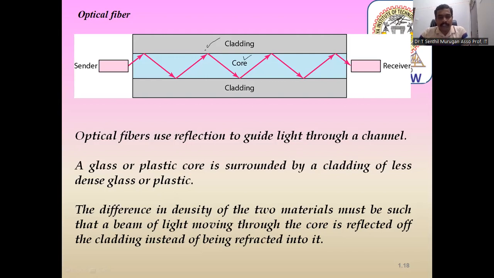The difference in density of the two materials must be such that a beam of light moving through the core is reflected off the cladding instead of being refracted into it. So what they are saying is that the core, the central material, is used to transmit light by the reflection method. Whenever the cladding is less dense, the light will be reflected rather than refracted.